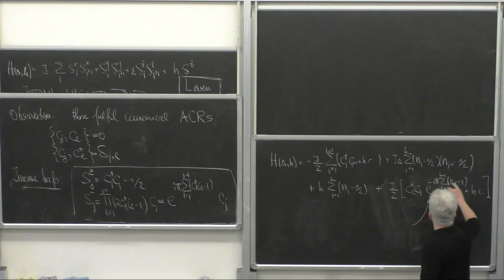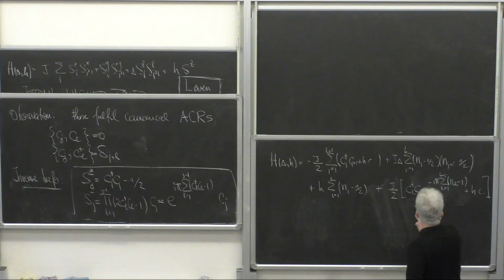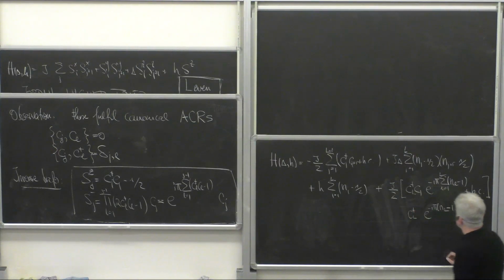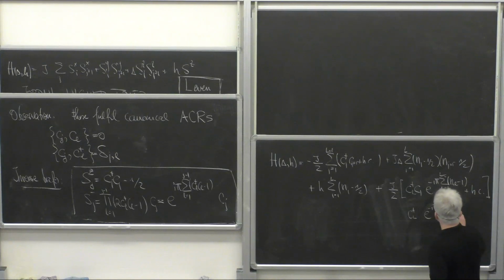Then I can flip the sign by putting this. I'm not sure whether you can see that. So you see, C†_L e to the minus iπ N_{L−1} is essentially, there's a minus sign which comes from here.